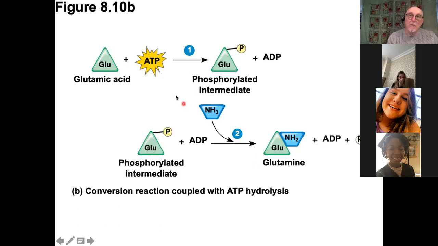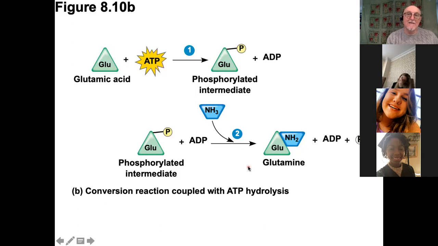But the one thing I want to point out to you is this, in fact, itself does not just happen spontaneously. In fact, we would have enzymes looking after all of these reactions as they go along. But the impact of the enzyme is to phosphorylate glutamic acid, and then allow that to react with the ammonia to form glutamine.